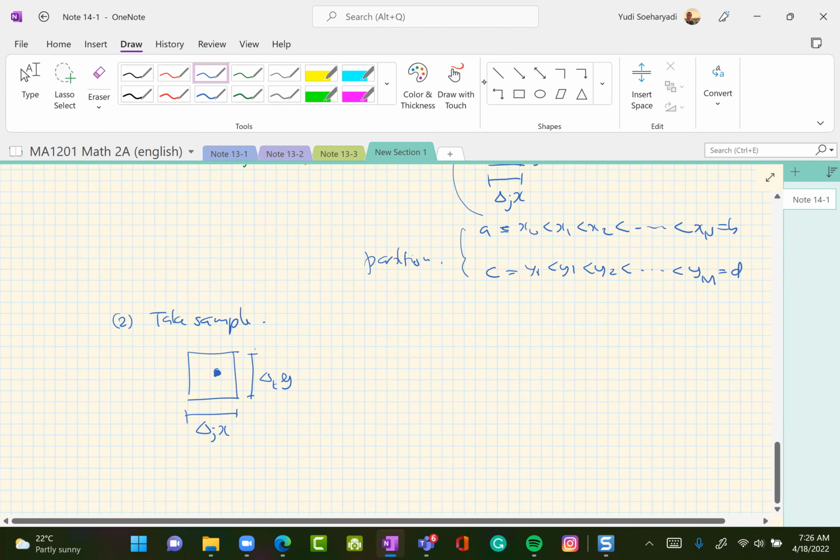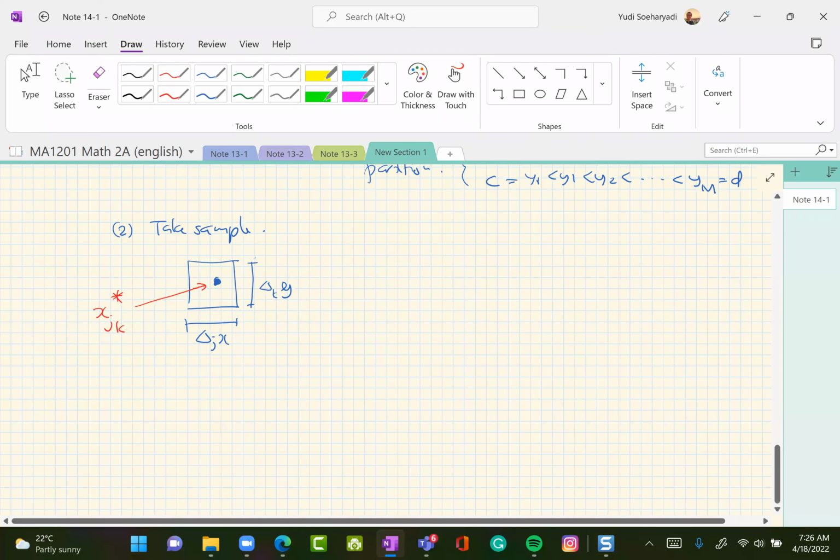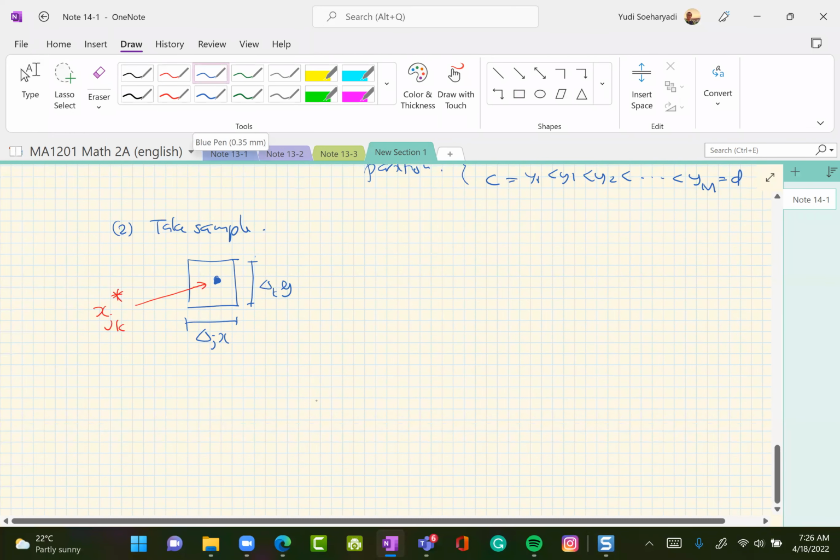Say this is xjk star. So our sample is now, not really a cube.